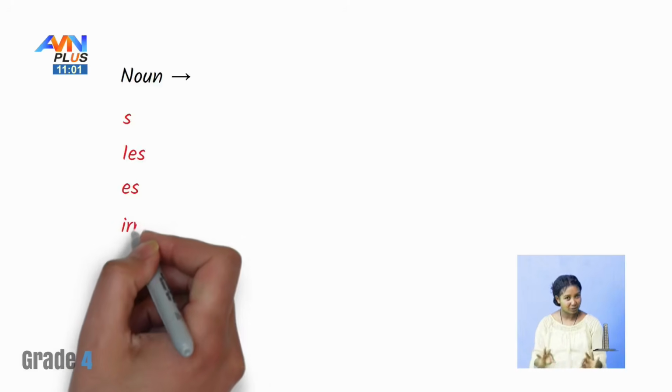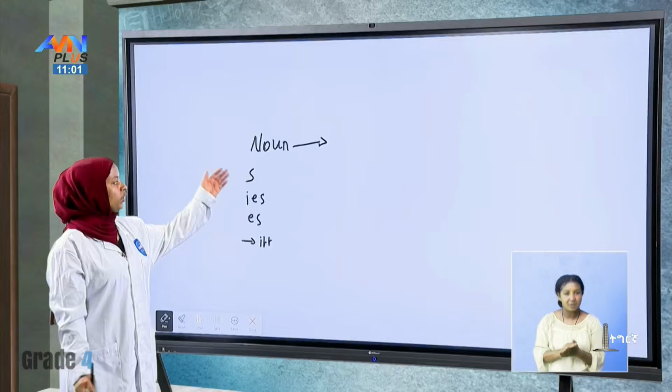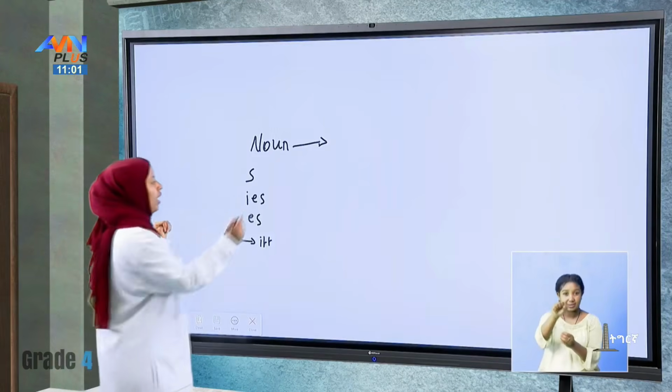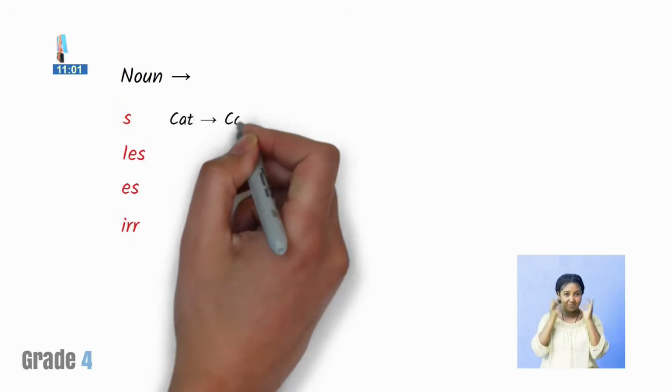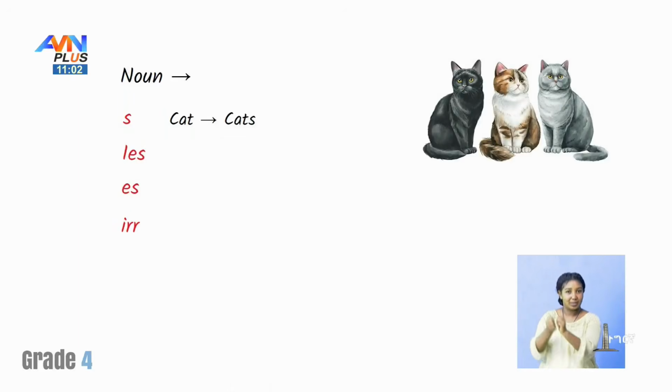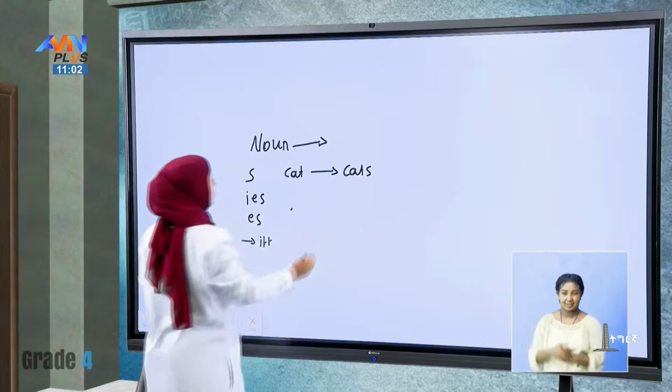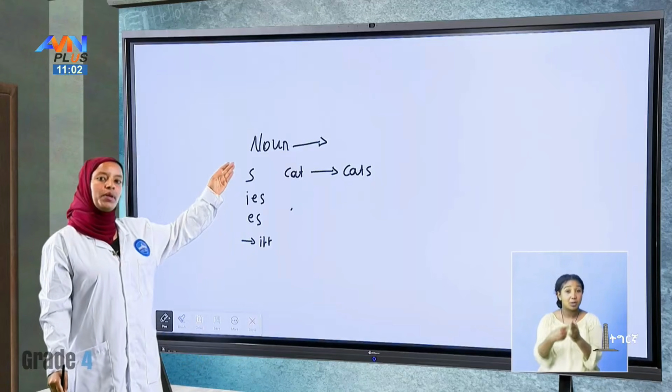That was our previous lesson. For example, when we add only S, like cat, it changes to cats. We just add what? S.